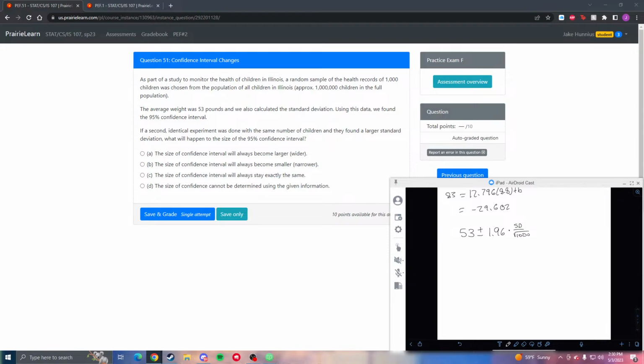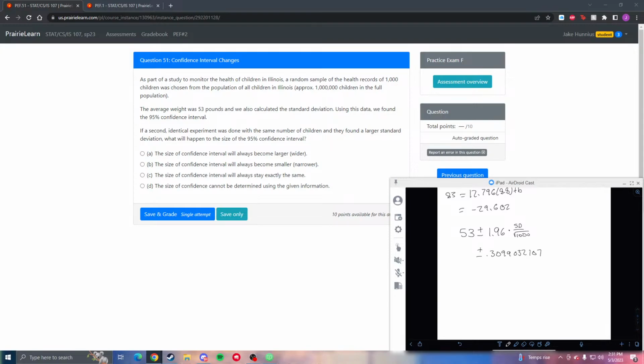Right? And when we increase our standard deviation, so if our standard deviation for this one was 5, 1.96 times 5 over the square root of 1,000, we get a margin of error of plus or minus 0.30990321007.